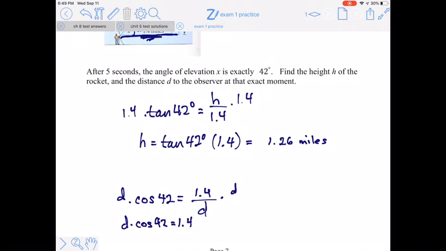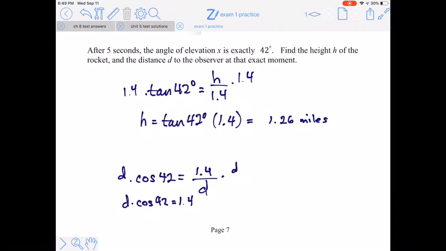So now you divide by cosine 42. So then d equals 1.4 divided by cosine 42. And you're getting 0.88? 1.88? Yeah.